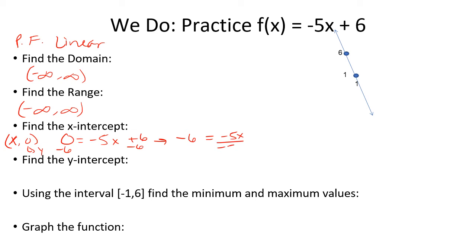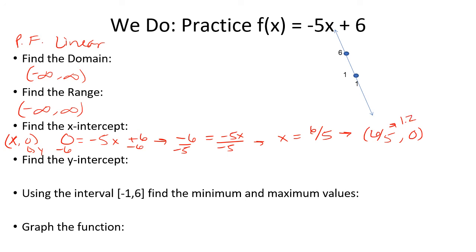I'm going to divide by negative 5. And that's going to lead me to x equals 6 divided by 5. So therefore my x-intercept is at (6/5, 0). If you really want to write this as 1 2/10, go for it.